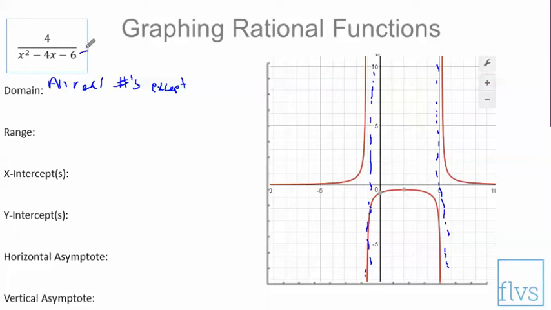We can look at the graph and guesstimate, or we can take our denominator and figure out what that actually is. If I factor that, I'm looking for two numbers that multiply to be -6 and add to be -4. And those two numbers do not exist. I made this one up, so I don't have any two numbers. It's not factorable, so I would use my quadratic formula at that point to see what my zeros were.